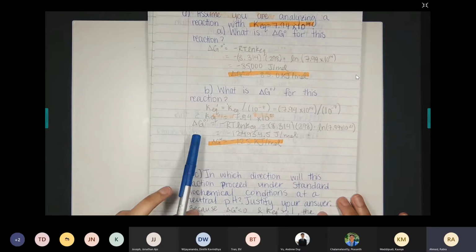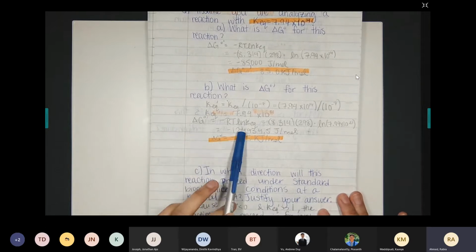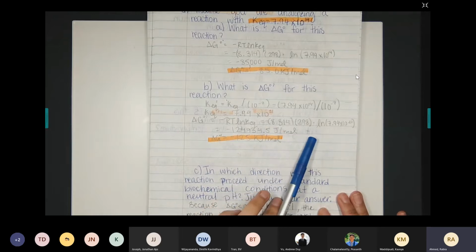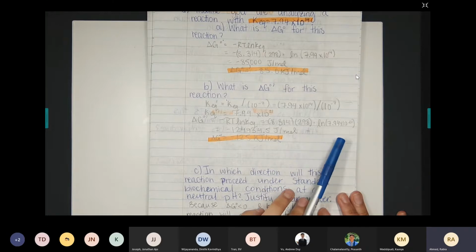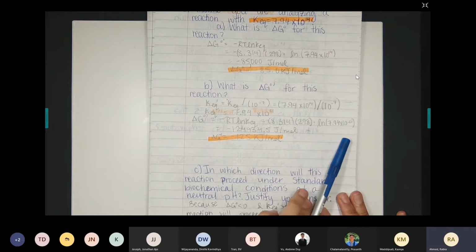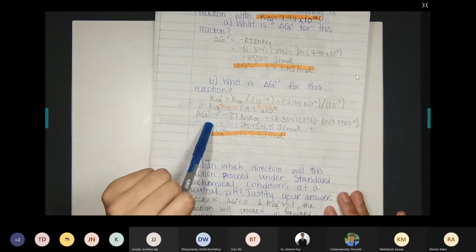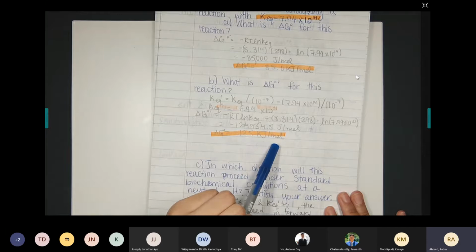And then for change of G, the free energy, we're going to make it equal to negative RT ln KEQ. And it's going to be equal to negative 8.314 times 298 times ln of 7.94 times 10 to the 21st power. And that gives you negative 125 kilojoules per mole.